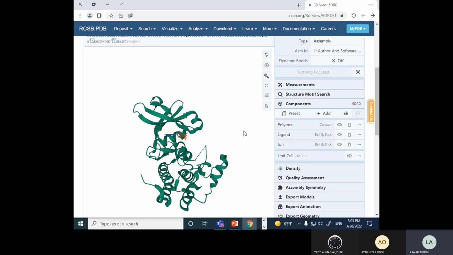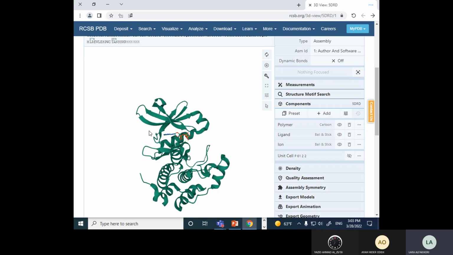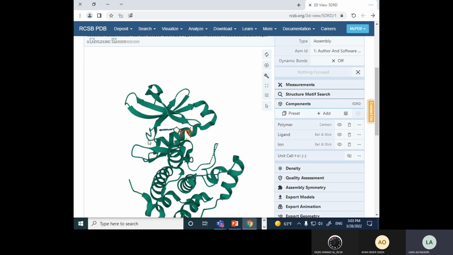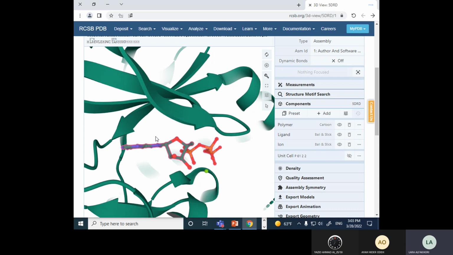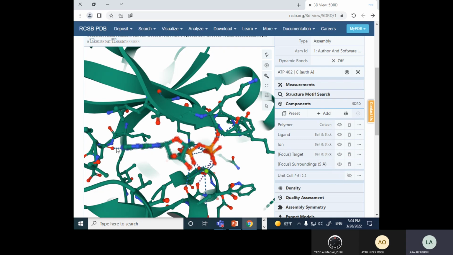It is this loop in here that is called the hinge. If you click on the ATP, you will see that it is forming hydrogen bond interactions with that hinge region. Okay.